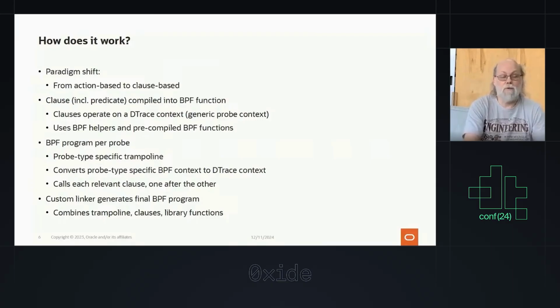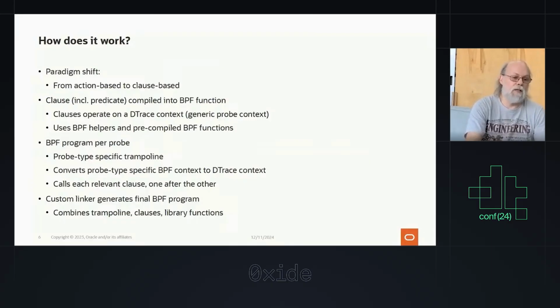A BPF program really simply becomes a trampoline that creates this generic probe context, and then we call the clauses relevant to that particular probe one by one, checking in between whether probing has stopped, in which case we need to stop calling them, and handling error cases. But it becomes pretty much just a program.